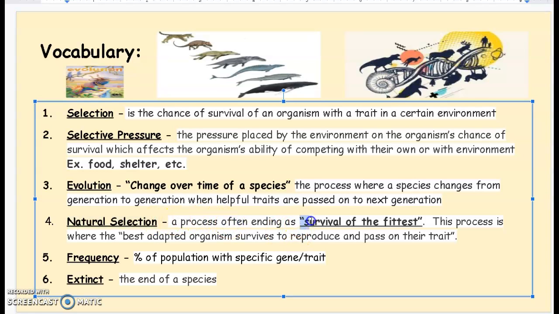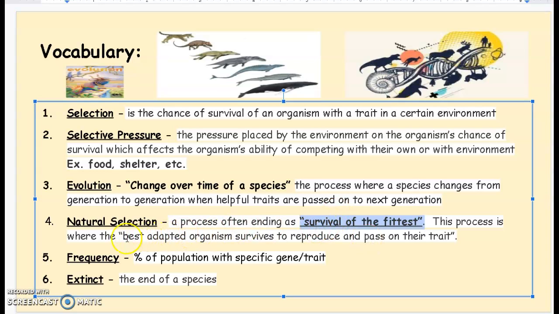So some of you have heard of the phrase survival of the fittest. Now, you need to be careful with this phrase. That does not mean that the strongest, most muscular person is the one who's going to survive. Sometimes it depends on what traits you have. Sometimes the environment doesn't favor being big and muscular because you can't fit through narrow corridors, for example.